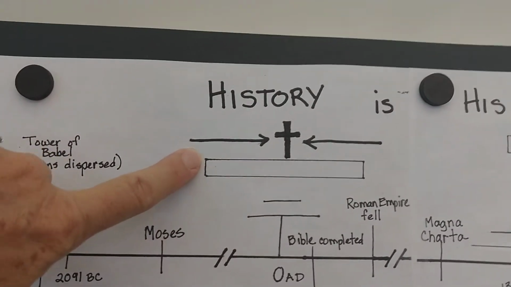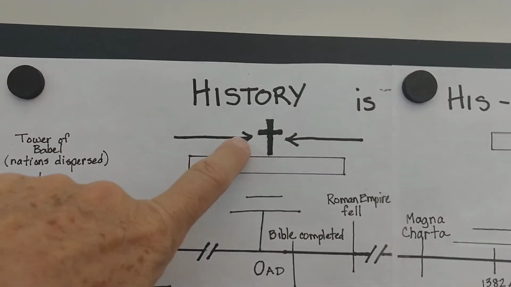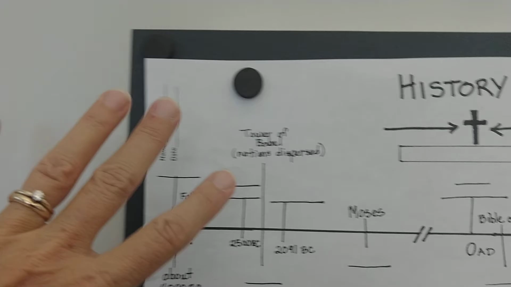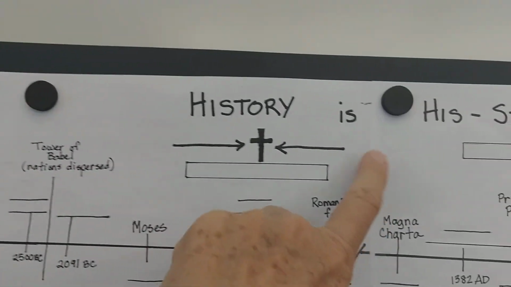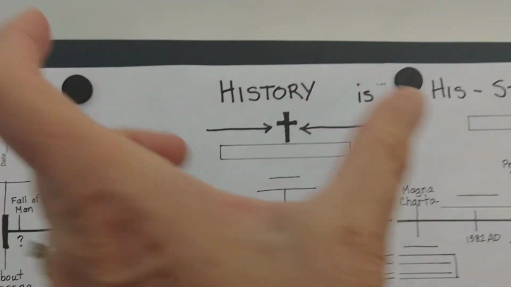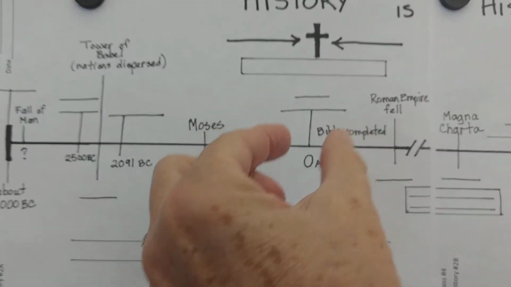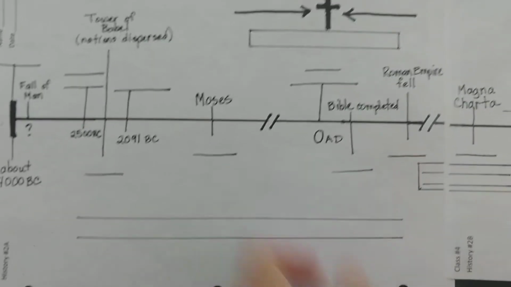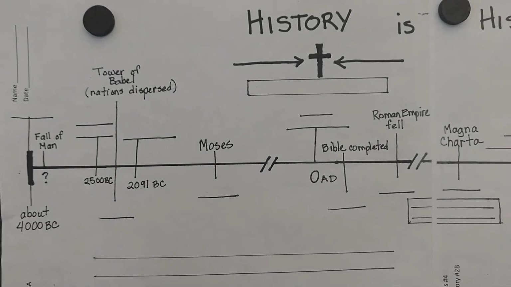So it's going to go in this box right here. And you see how the arrow points toward the cross from all the things that happened before, and the arrow points back to the cross for all the things that happened since, because all of history looks down to right there where Jesus was born.